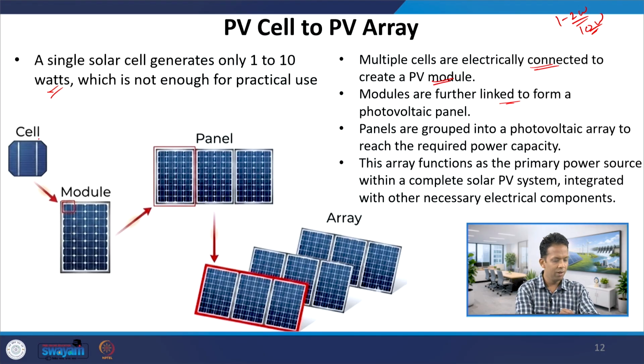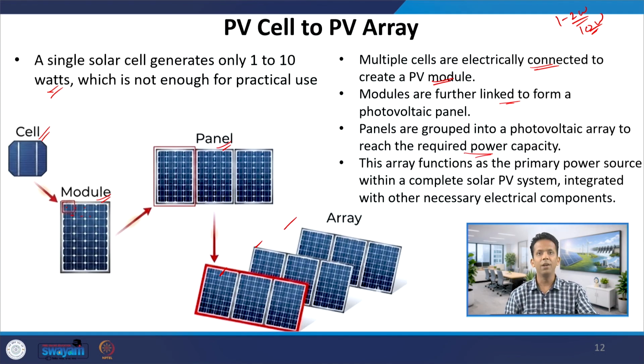As you can see here, numerous cells placed next to each other are connected electrically, and we get a module. Those modules can be linked together to form a photovoltaic panel, and those panels can be grouped into an array, in rows and columns, to reach the required power capacity.